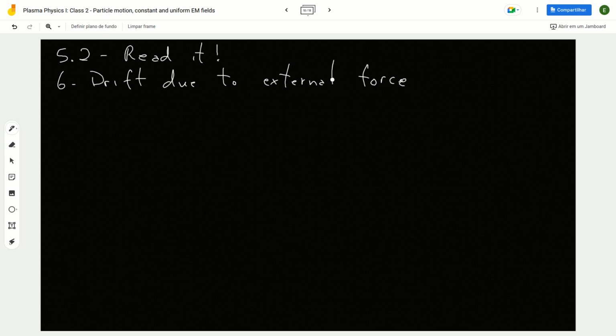Okay, what happens here? So suppose you have an equation of motion like this. It's the same as always, E plus V cross B plus some external force.